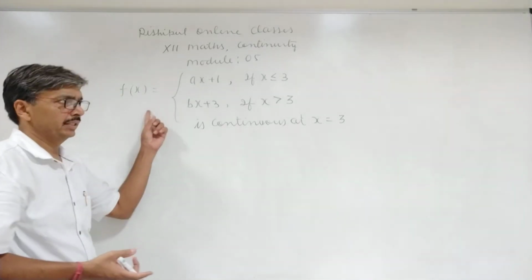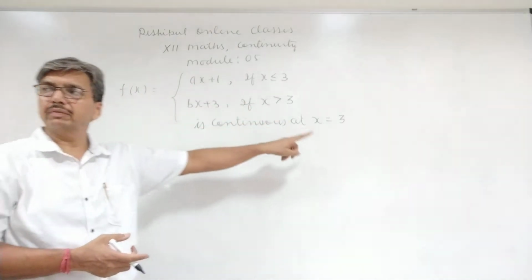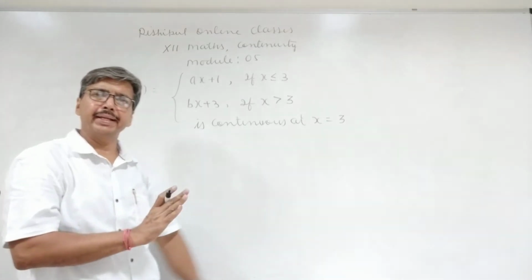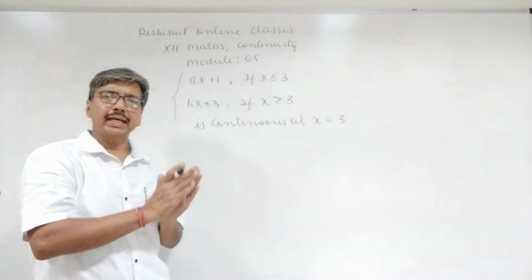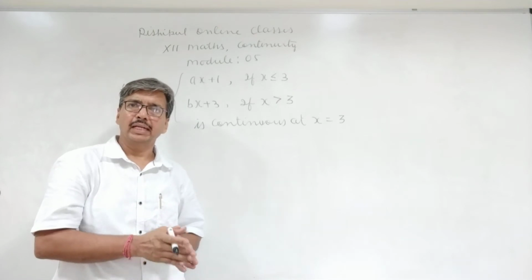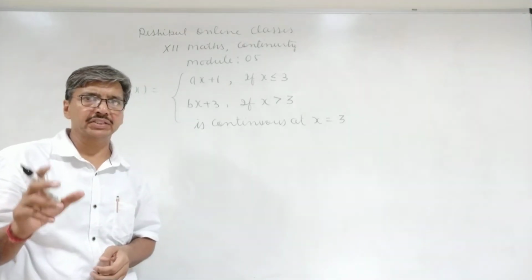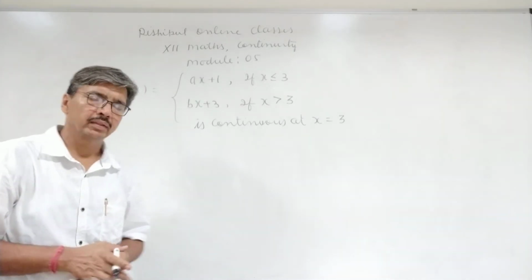Now see here. This function is continuous at x equal to 3. It means at x equal to 3, left hand limit, right hand limit and the value of function must be equal.